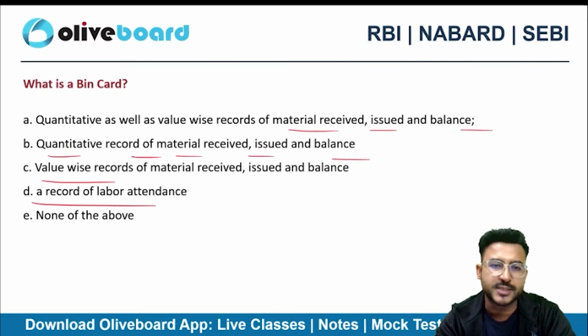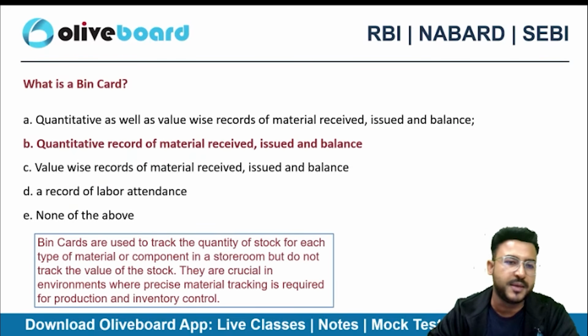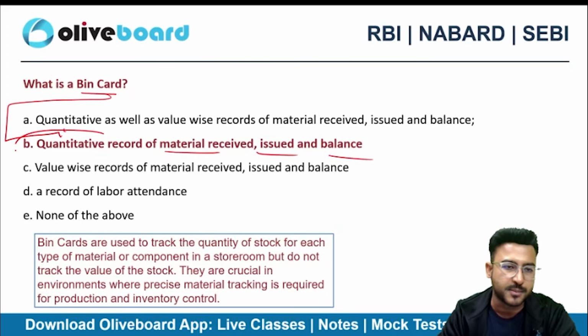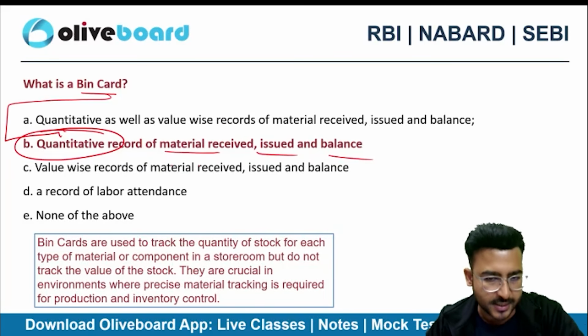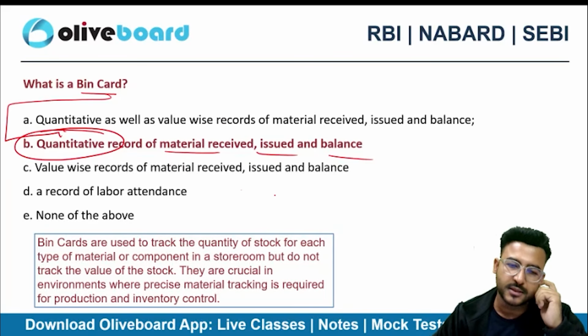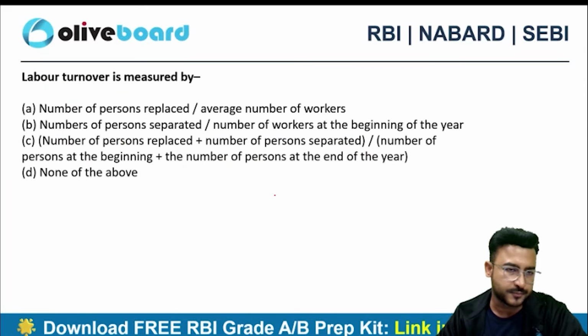Yes, the correct choice here will be, guys, option B, quantitative record of material received, issued, and balance. So bin card only cares about the quantitative details and not the value wise detail, right? It's used to track the quantity of the stock.